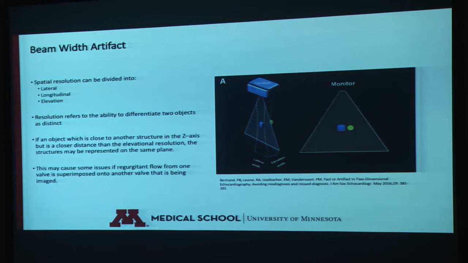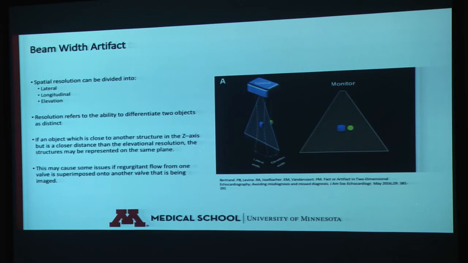So beam width artifact. There are three different types of spatial resolution. There's lateral resolution, longitudinal resolution, and elevational resolution. Elevational resolution is the poorest in ultrasound. And in this case, if we look at this image here, we have two objects that are beside each other in the y-axis.